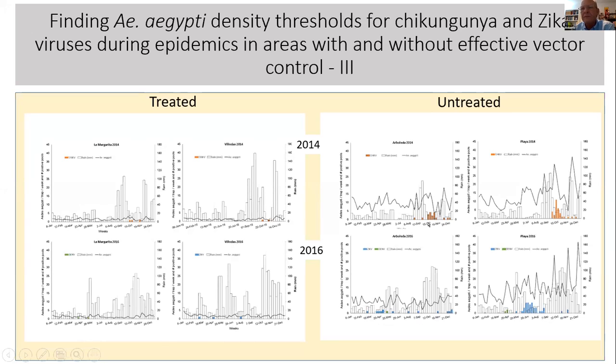As you can see, we detected chikungunya virus in Aedes aegypti for consecutive weeks, which reflected or were showing that a local outbreak in the residents was happening. We saw the same thing in 2016, and the blue bars is the presence of Zika virus in Aedes aegypti.